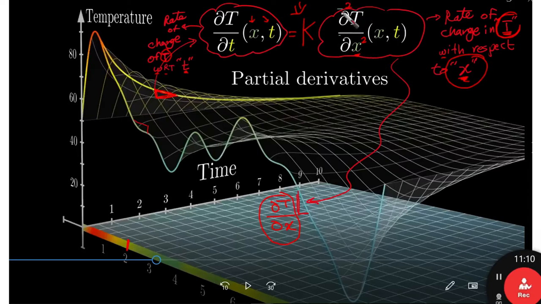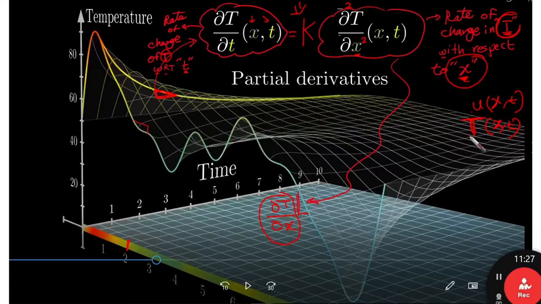And remember that we are talking about partial derivatives, because we are talking about u as a function of two independent variables, u of x and t, or capital T if you like, as it is in this drawing.